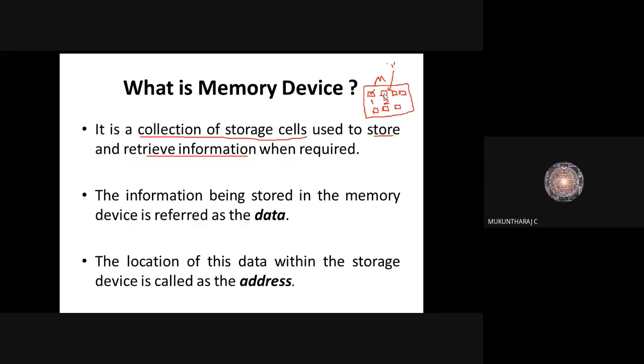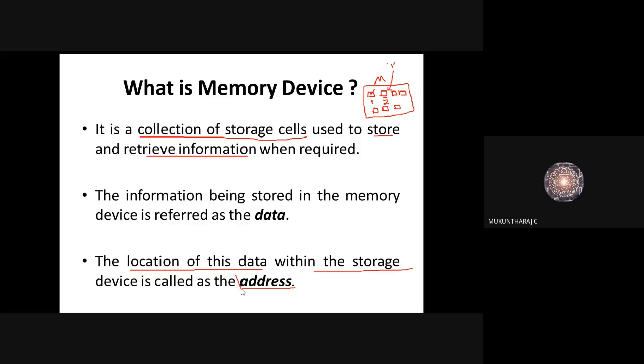For that, we have to use the address lines. This address line says where the data should be stored in the memory device. The location of data within the storage cell is called the address, right?